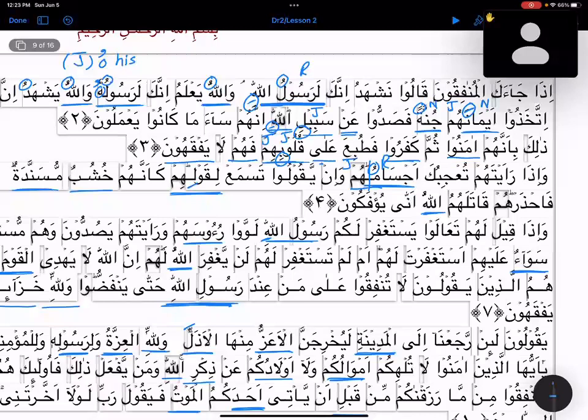Because it is going possession, it can be Jar, but Atsamu can be even Rafa. It can be even Nasab, or it can be even Jar. We saw that example, An Sabilillahi. Did you not see that example? After An, I said that Sabili is Jar, right?